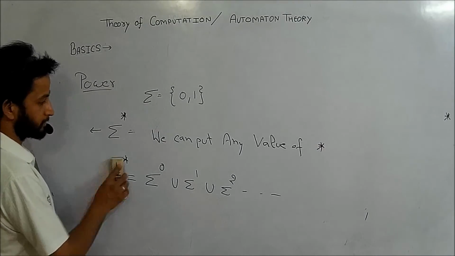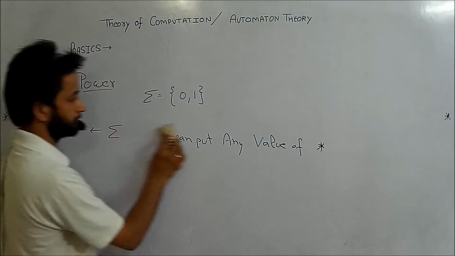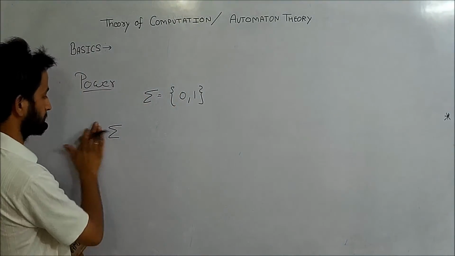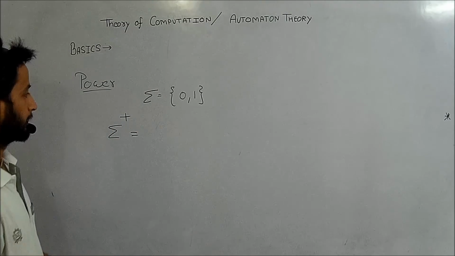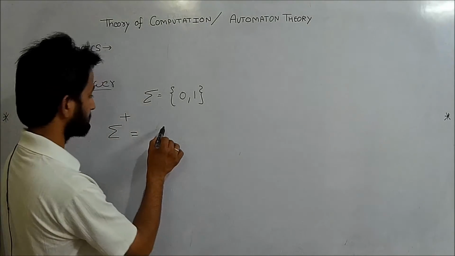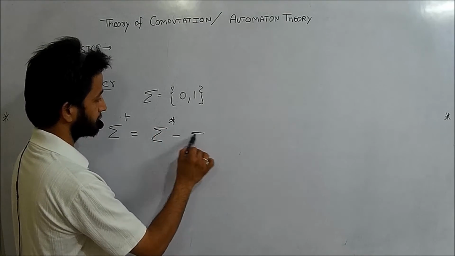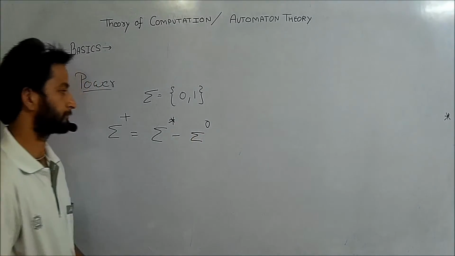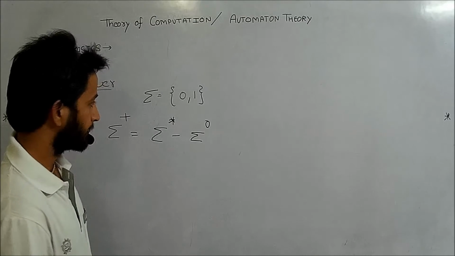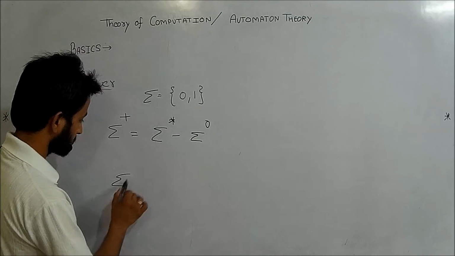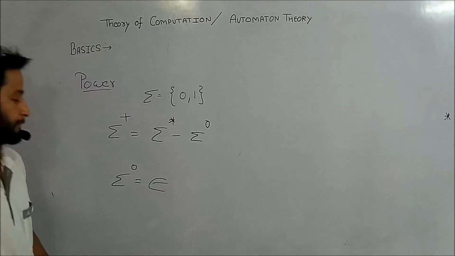Next possible case is sigma plus. Sigma plus is equivalent to sigma star minus sigma 0, where sigma 0 is equal to epsilon.